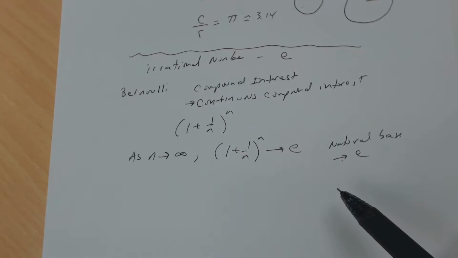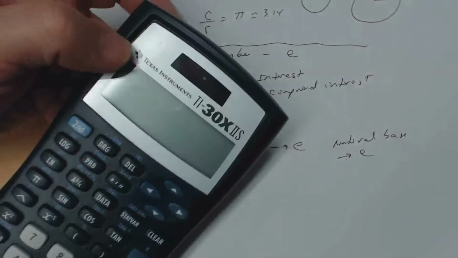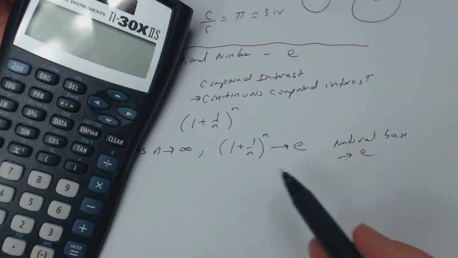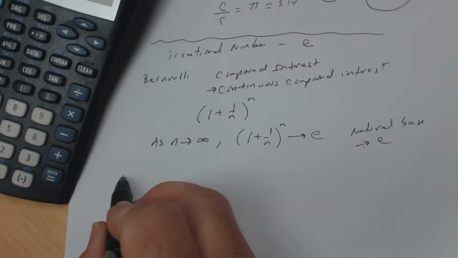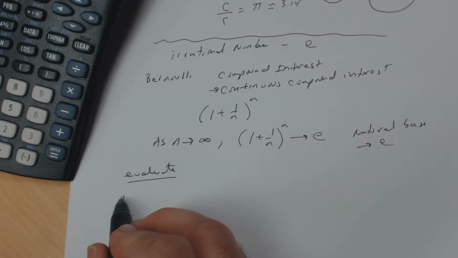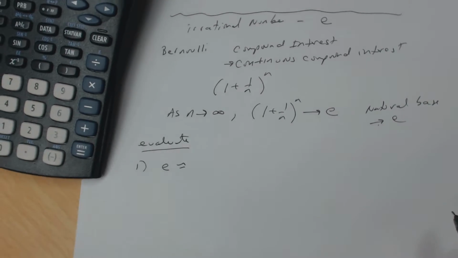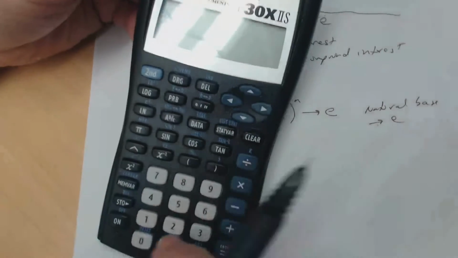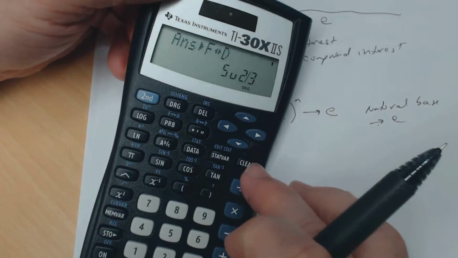Okay, so on your calculator, I want you to play around with the irrational number e. Let's evaluate the following. Number one, let's find out what e to the first power is approximately equal to. On your calculator, I'm going to clear this.